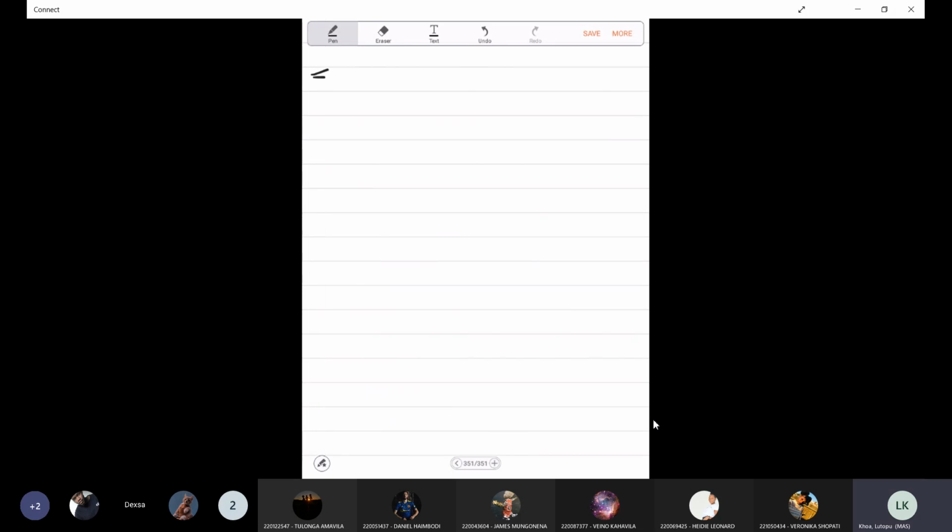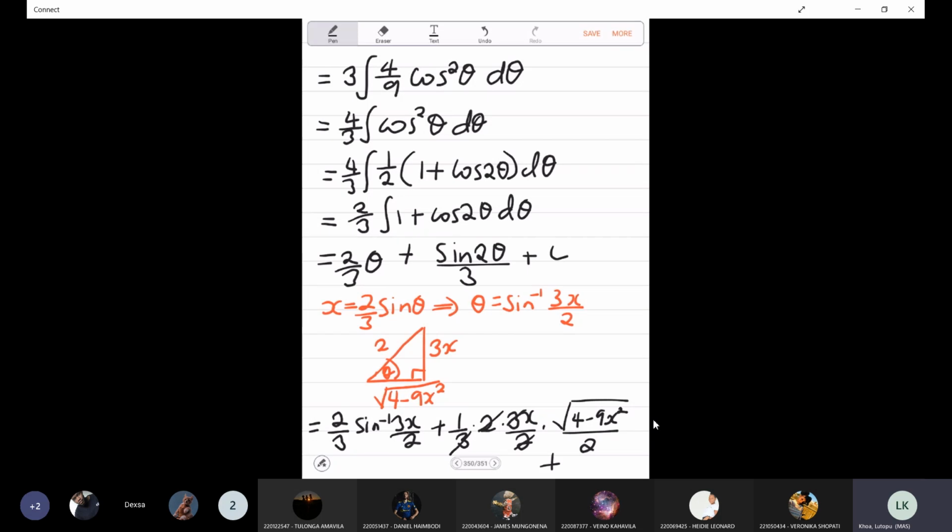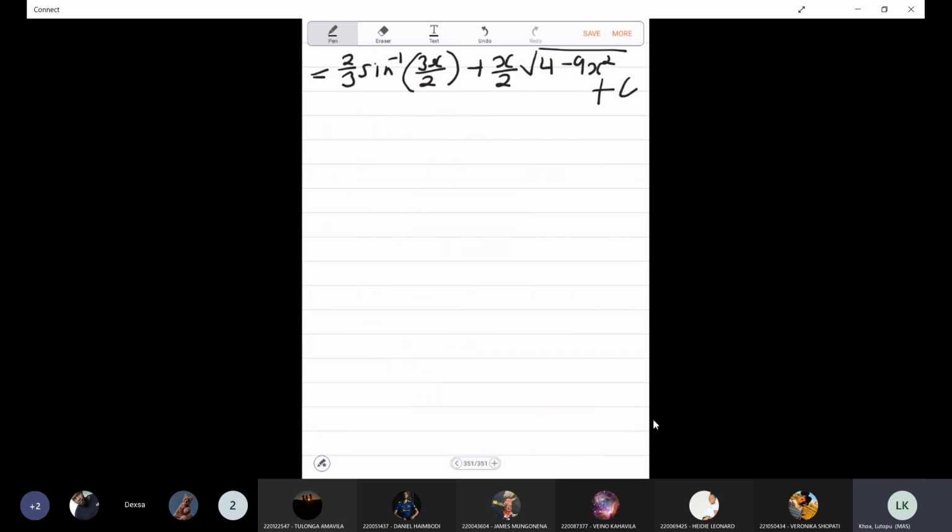This is 2 over 3 sine inverse of 3x over 2, and then I have x over 2 square root of 4 minus 9x squared, and then you add your constant of integration. Okay, so even here I should put my constant of integration like that.